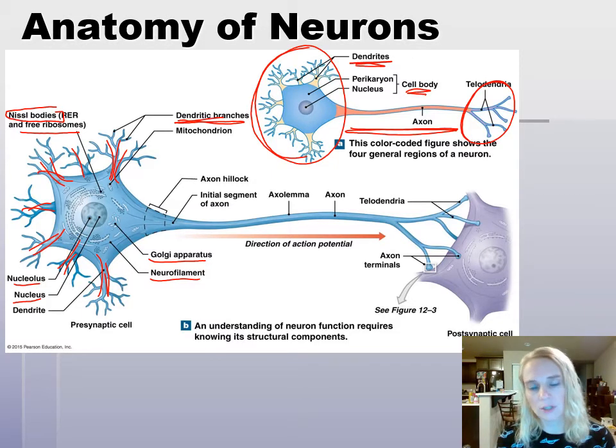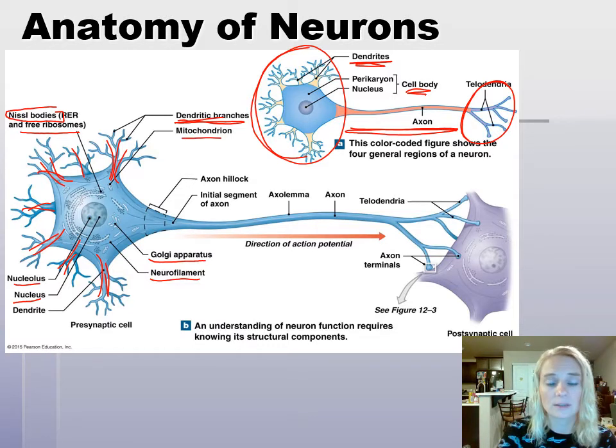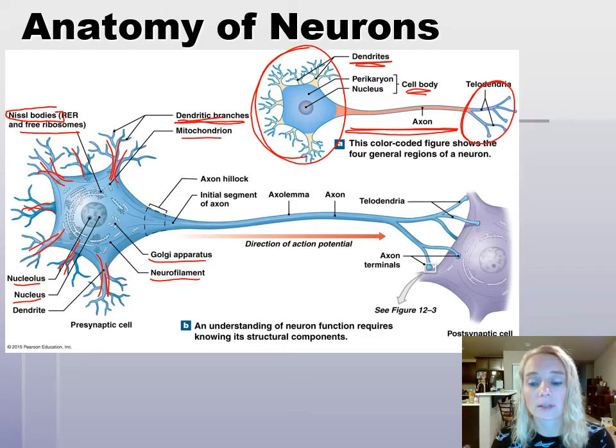Just like sarcoplasmic reticulum was a special name for smooth ER in muscles, the Nissl bodies are a special name for the rough ER in neurons, okay? So those are all the components of the cell body: the dendrites, nucleus, nucleolus, neurofilaments, Golgi, and mitochondria. It's a typical eukaryotic cell with some special characteristics, primarily those dendrites.